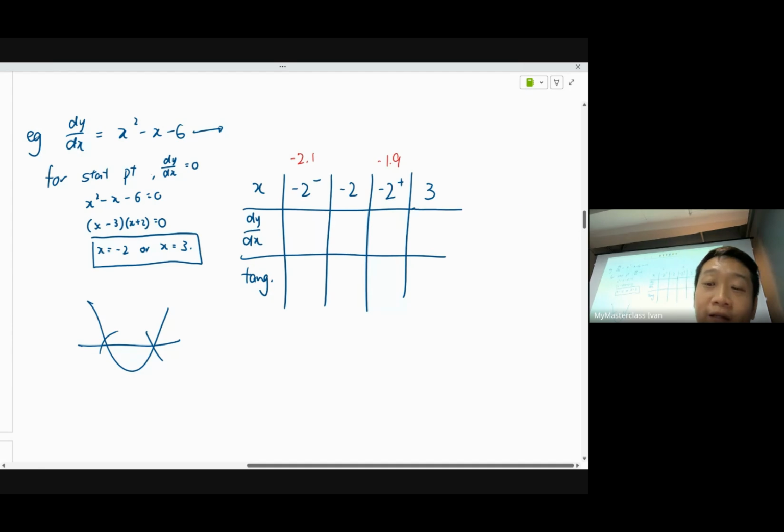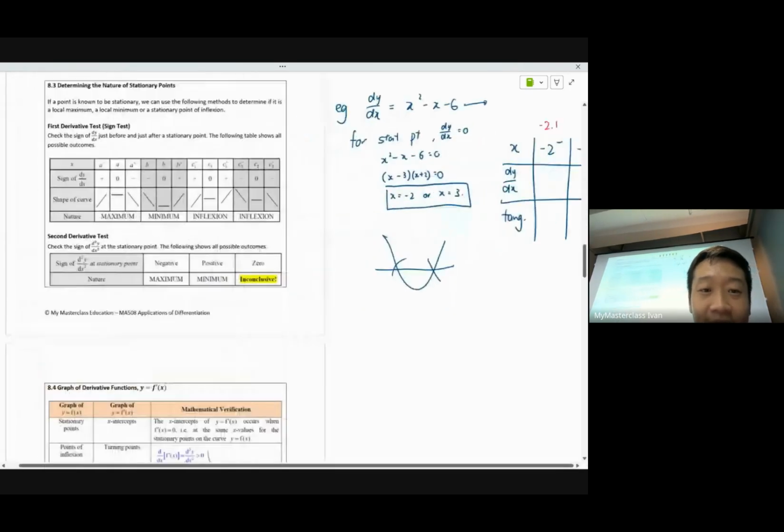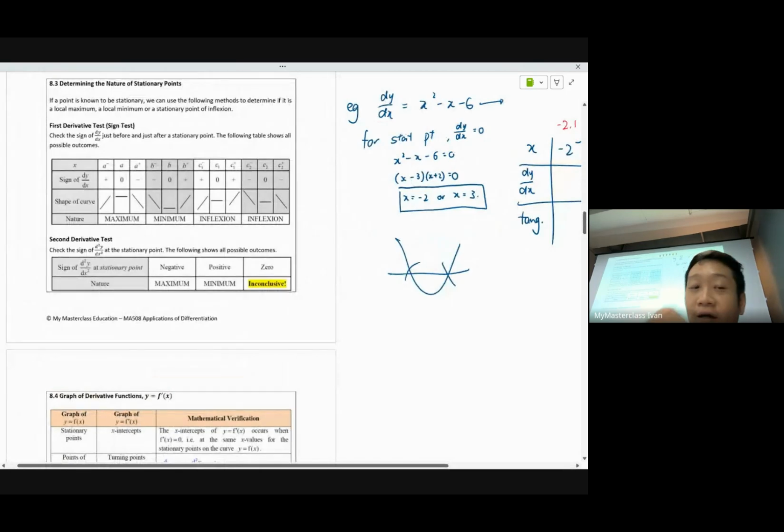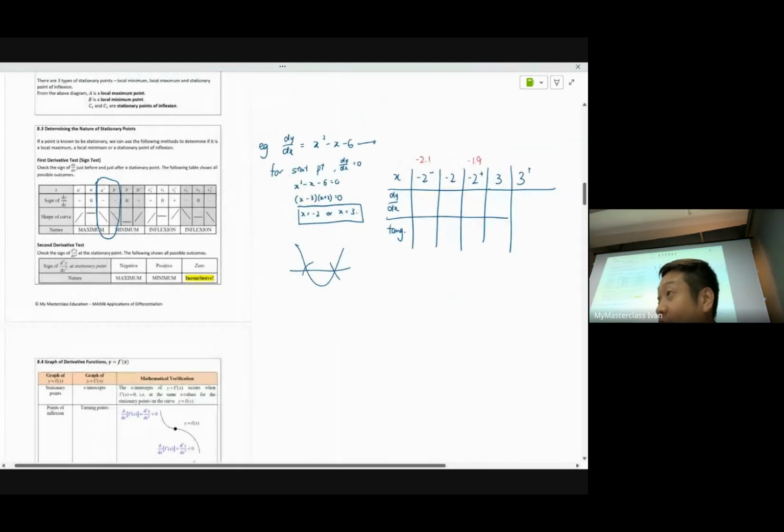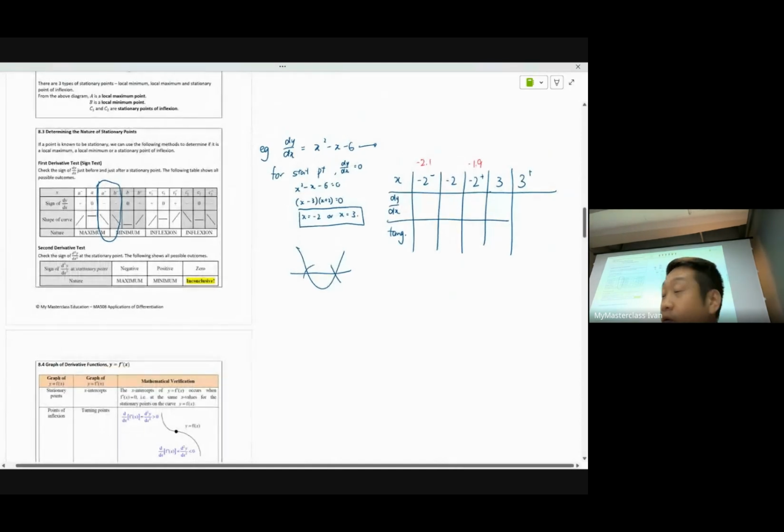So this part is 3 minus, and this part is 3 plus. That means the A plus and the B minus can actually be combined together. But of course, if you want to play safe, you draw two tables for -2 and 3. It's totally fine.